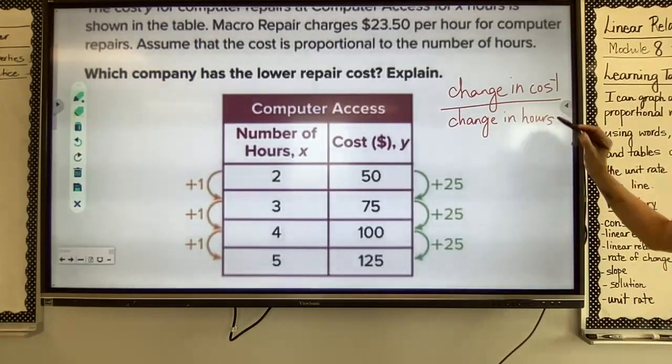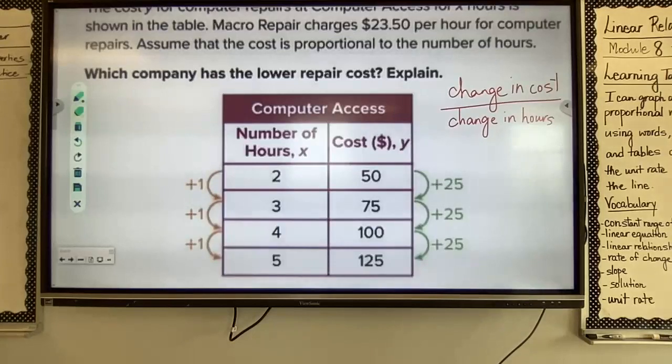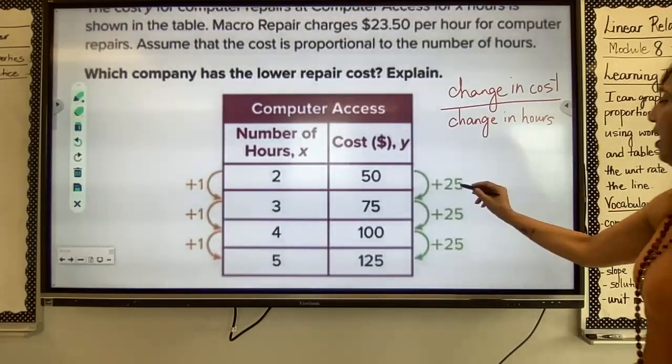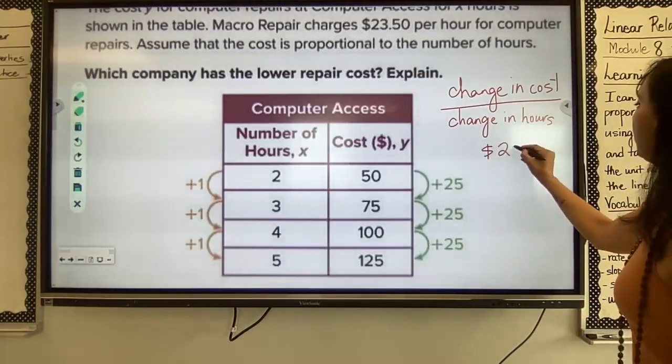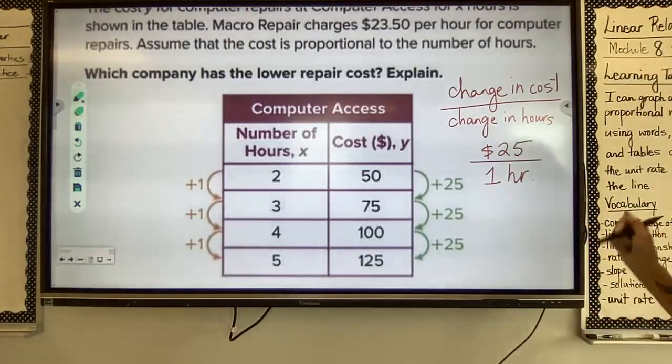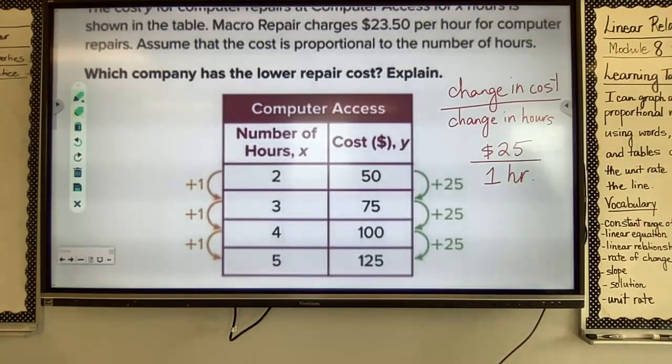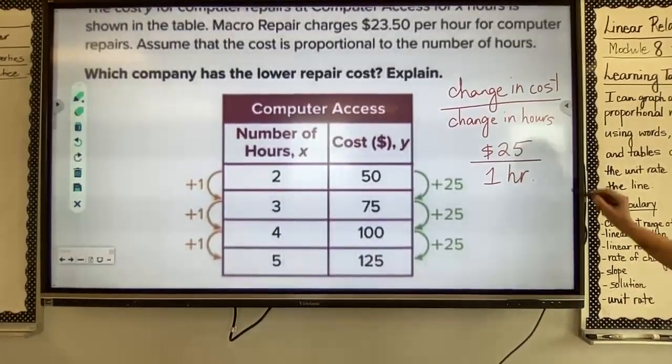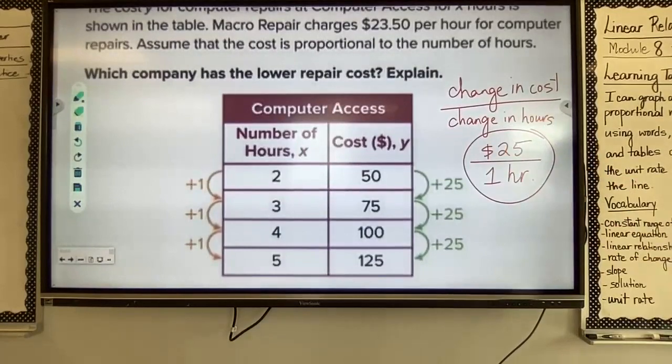And so this is $25 in every hour. As the cost increases by $25, the number of hours increases by 1. So the unit cost is $25 per hour.